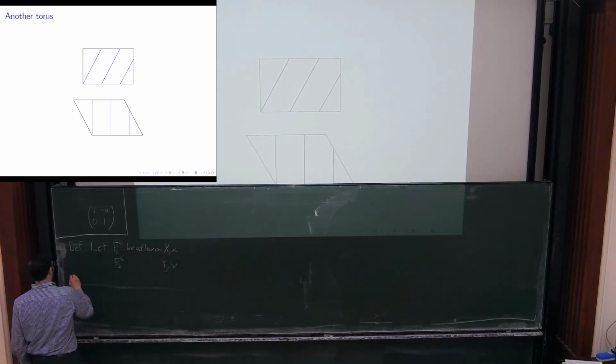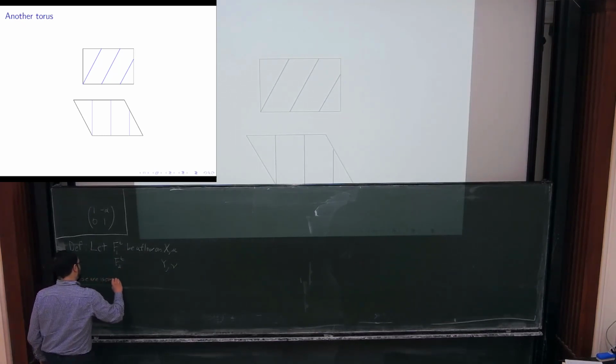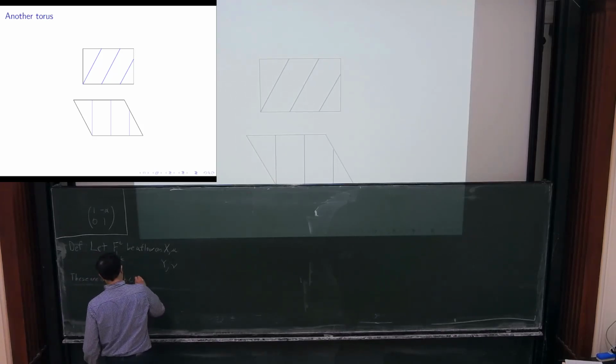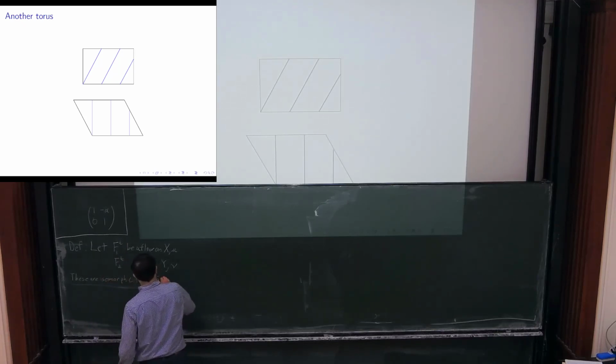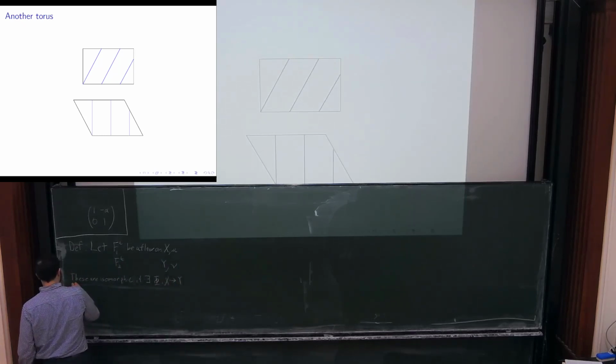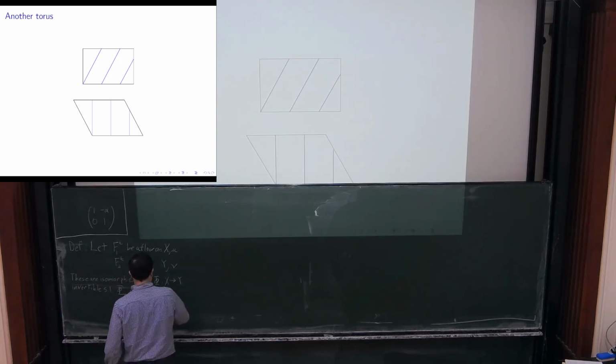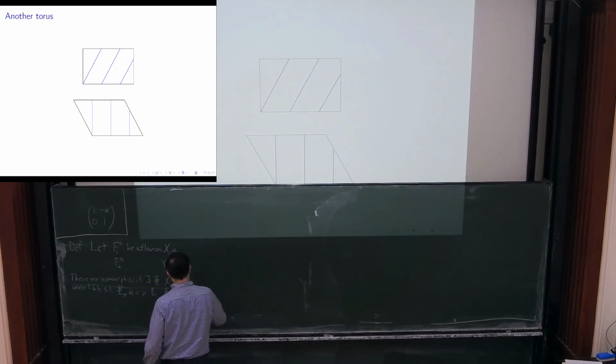Then these are isomorphic if there exists a phi from X to Y, invertible, so that phi star of mu is equal to nu, and phi composed with f1 to the t is equal to f2 to the t composed with phi.